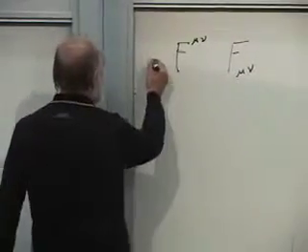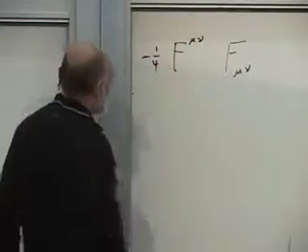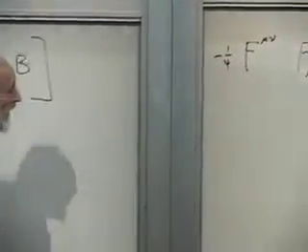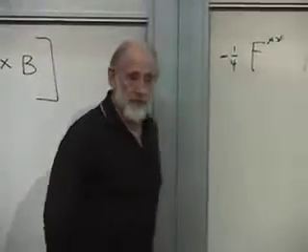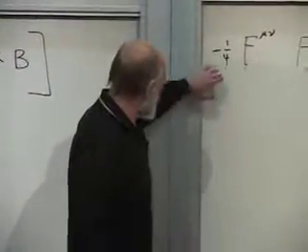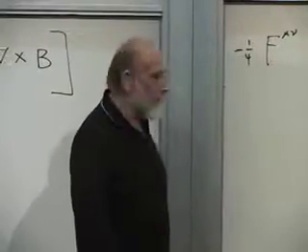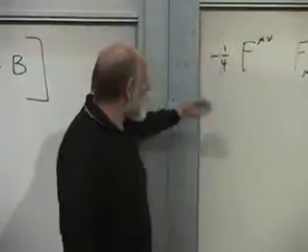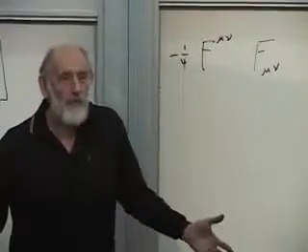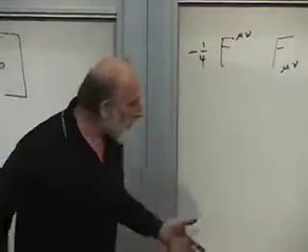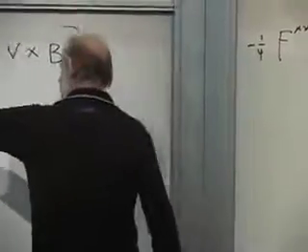There's in fact a minus a quarter, but as I said, that's mostly convention. Whenever anybody puts a minus a quarter in a thing like this, you know that what it does is it removes a 4 from some later equation. And it does. It removes 4s from the Maxwell equations.